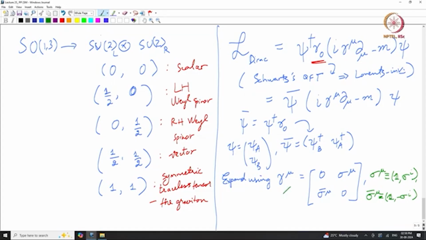So we can now use this in the Dirac Lagrangian, and I am going to expand this in terms of two spinors, which I can do because these are all in block diagonal form. That is the beauty of this. So I am now going to rewrite the Lagrangian. Let me write this on a new page because it is an important expansion.